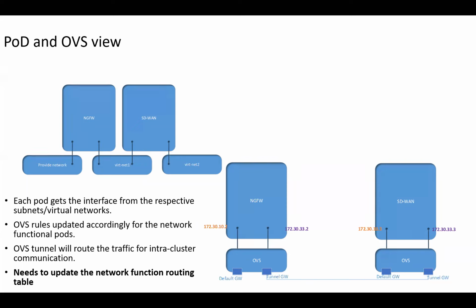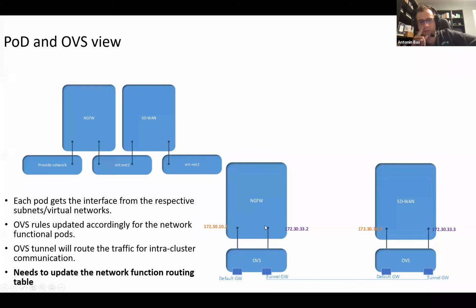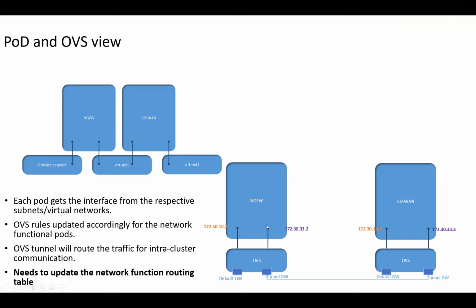Is that clear, right? So as far as packet routing, when packets need to go from NGFW to SD1, that means NGFW is aware of the IP address of SD-WAN SD1. Exactly. That's the controller's job now, to virtualize this and assign the corresponding subnet.